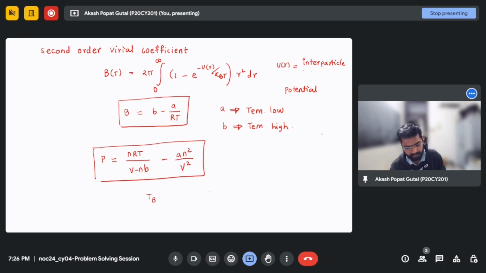So that Boyle temperature we can find out from the above equation by keeping B as 0, we get b minus a by RTB equal to 0, which implies TB is equal to a by bR. Okay, so this is one of the important equations.